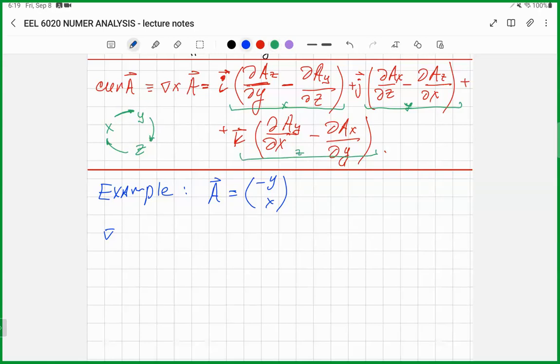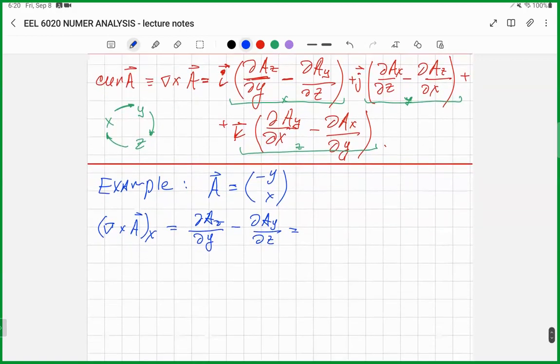So I'll write the expression for the x component of this field, which is dAz/dy minus dAy/dz. So Az is equal to 0, so my field is in the xy plane. dAy/dz is also equal to 0, so it's equal to 0.